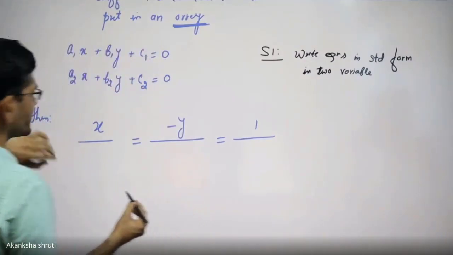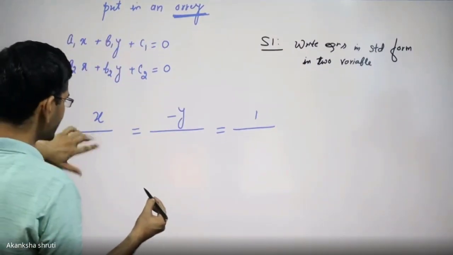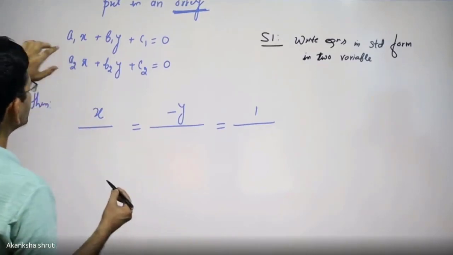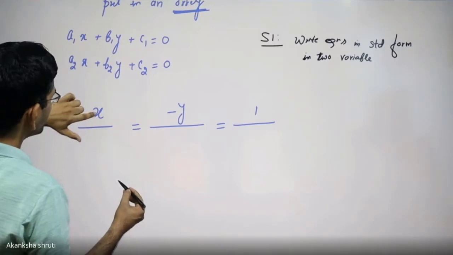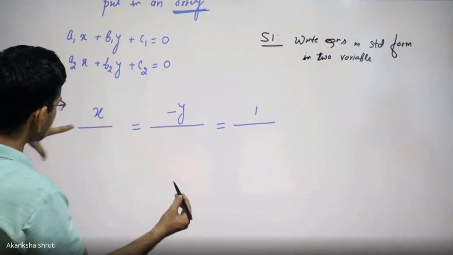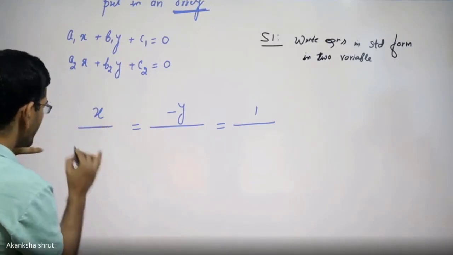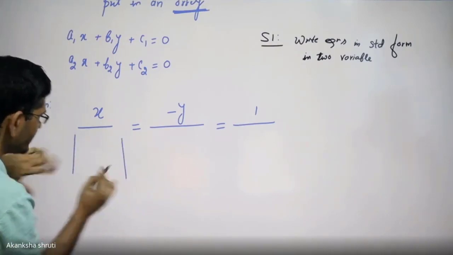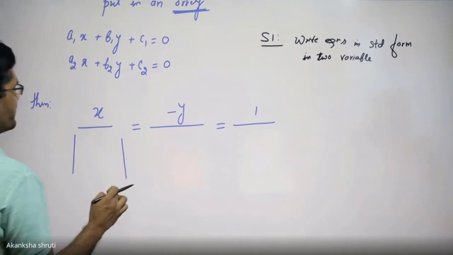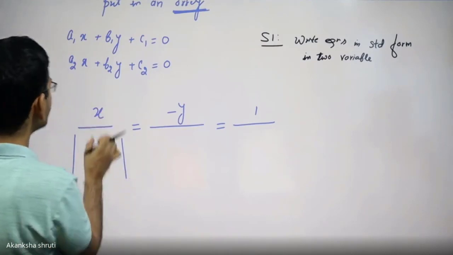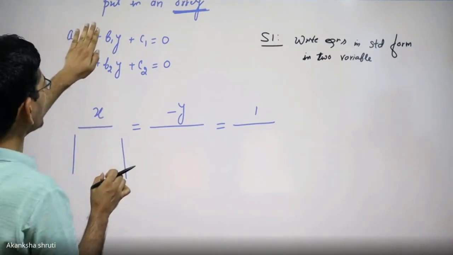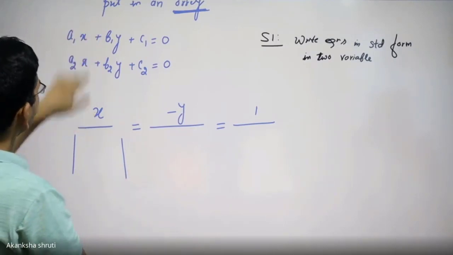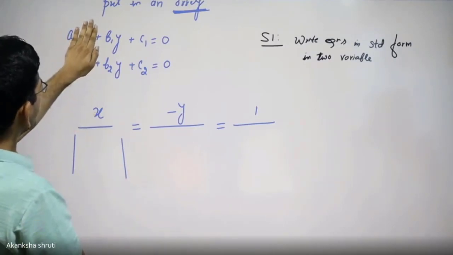Okay, students? Now, below that x, what will be the array? The arrangement below this x we want to determine, you have to write within these two columns. What will be below this x? For determining the value of x, forget the x term.